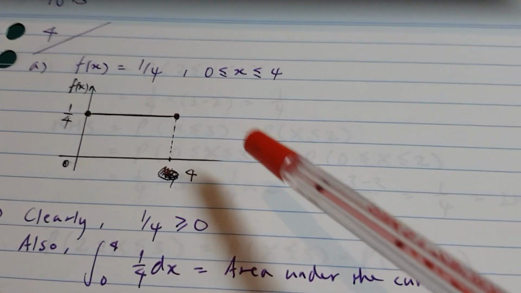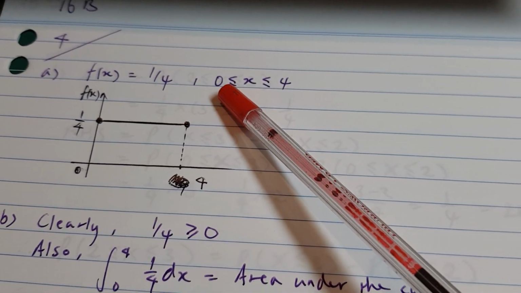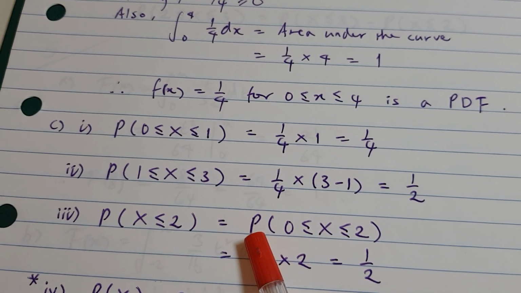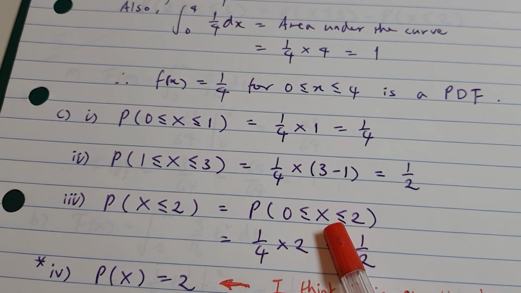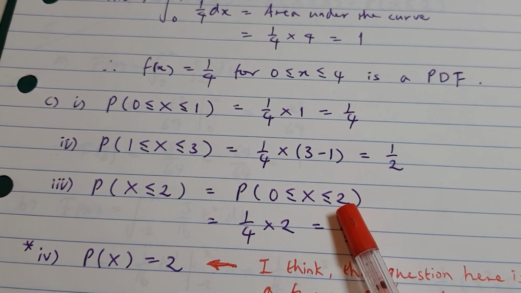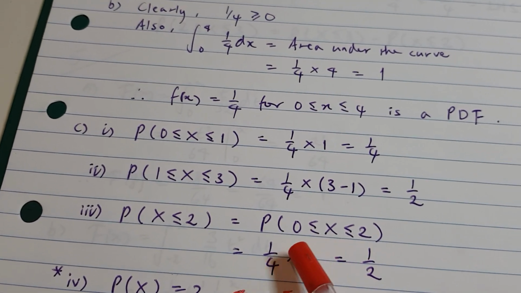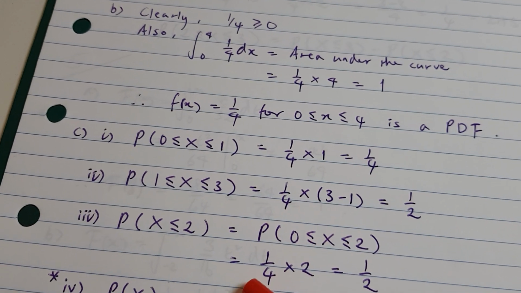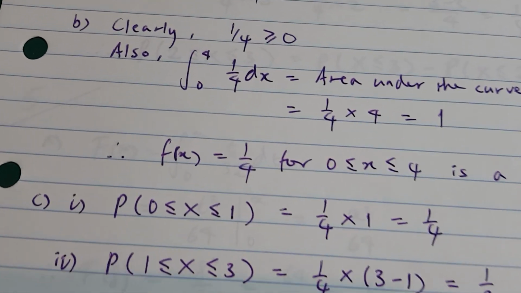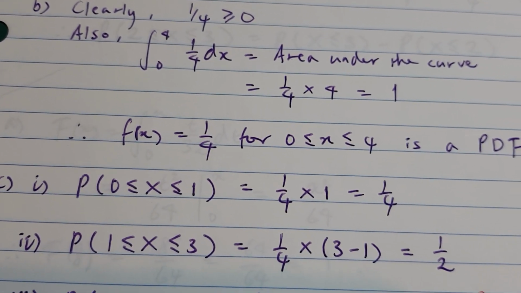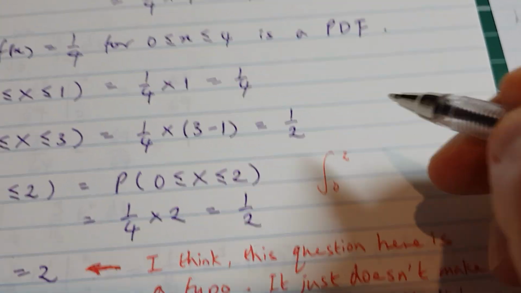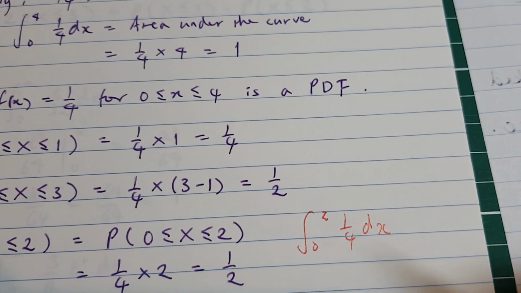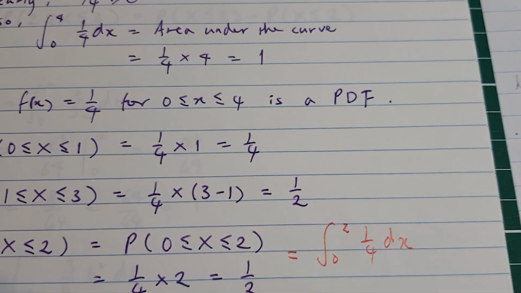Because the domain stops at 0, that means the same as saying the probability of finding the random variable between 0 and 2. So it's going to be a quarter times 2, because that's the width, or the integral from 0 to 2 of a quarter dx, and that's going to give you the same result.